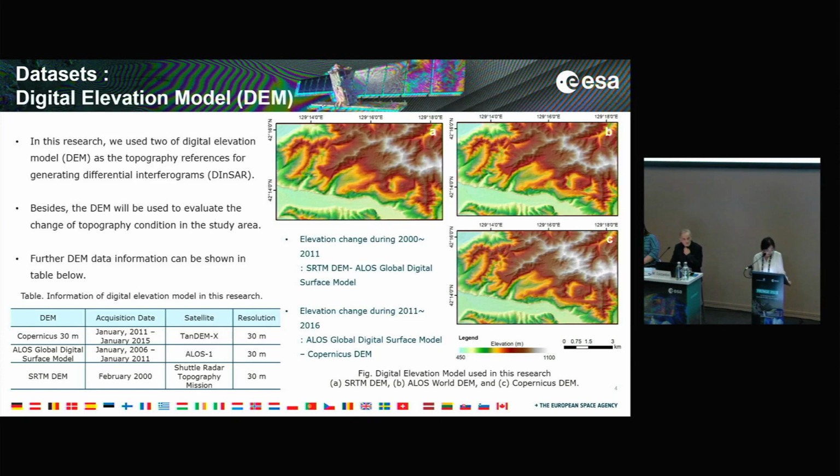We use SRTM DEM, acquisition date 2000; ALOS DEM, acquisition date 2006 to 2011; and Copernicus DEM, acquisition date 2011 to 2015. So SRTM DEM minus ALOS DEM means elevation changes during 2000 to 2011, and ALOS DEM minus Copernicus DEM means elevation changes during 2011 to 2016.